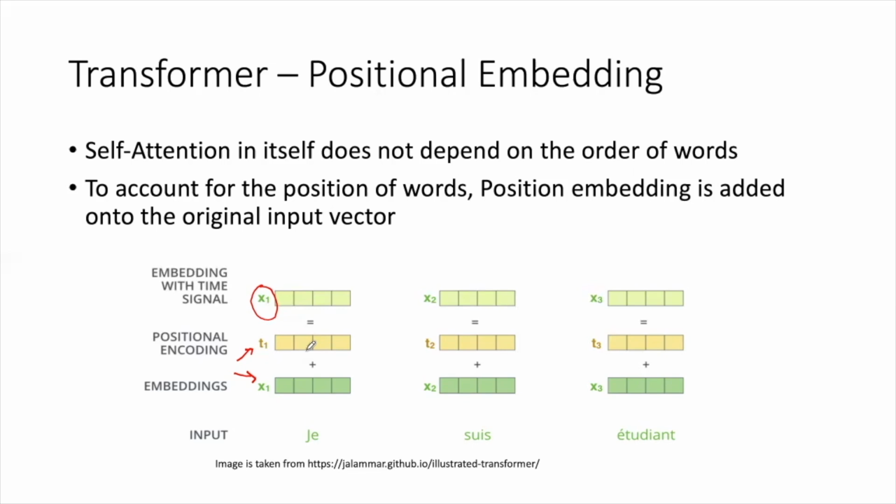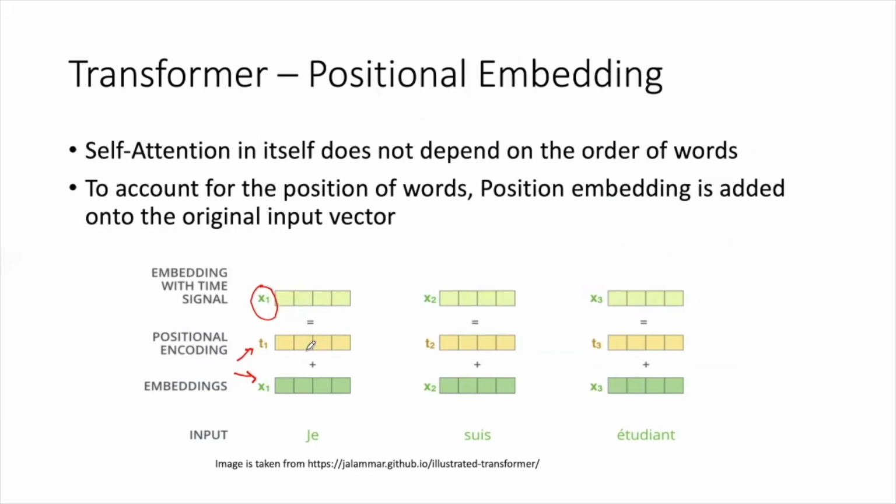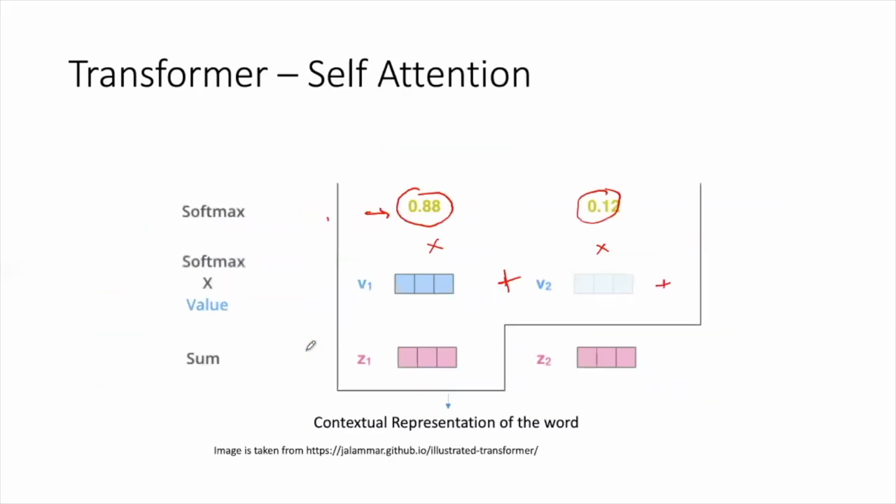They have their own advantages and disadvantages. Now, this covers the encoder portion. We saw how exactly self-attention is calculated and how the contextual representation is generated.